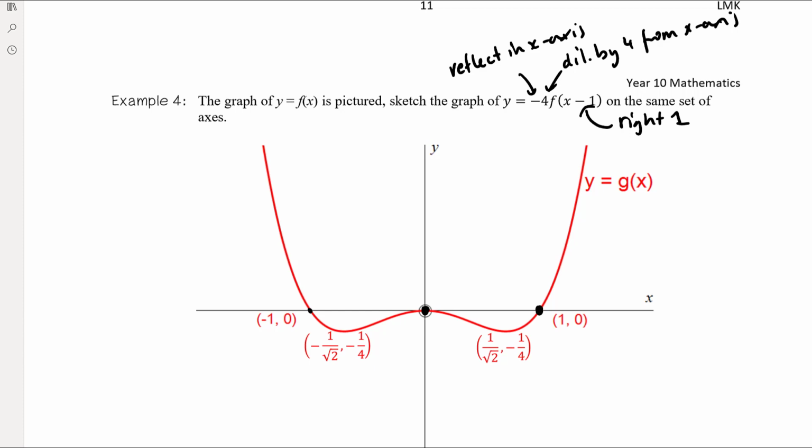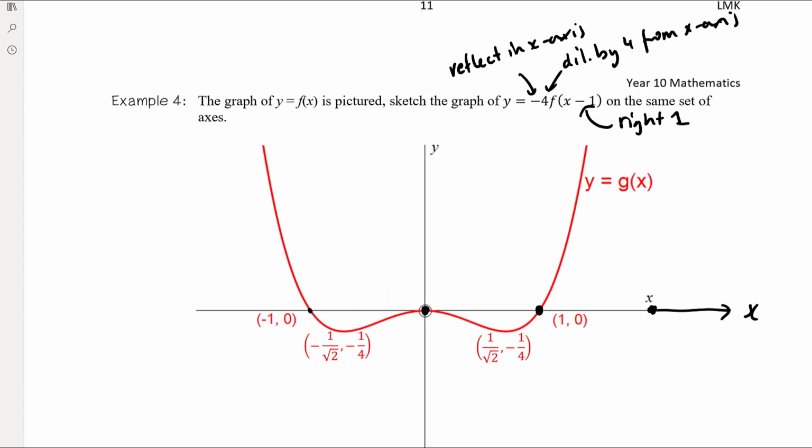And 1, 0, reflecting and dilating won't do anything, but moving it to the right by 1, it's going to come across to sort of here. So we've got those 3 points. That's going to be the point 2, 0, that's already labelled, that's 1, 0, and this is going to be 0, 0. I might label them after I draw the graph in so it doesn't get too crowded.